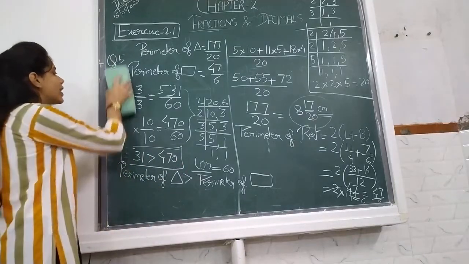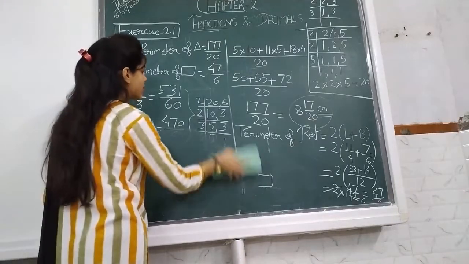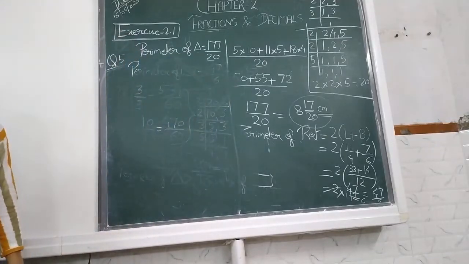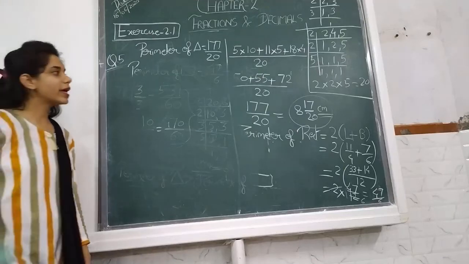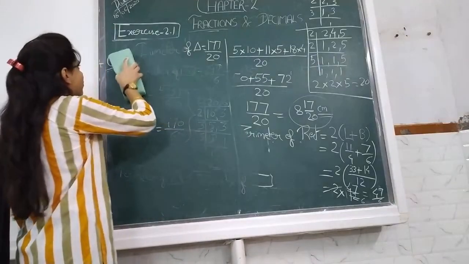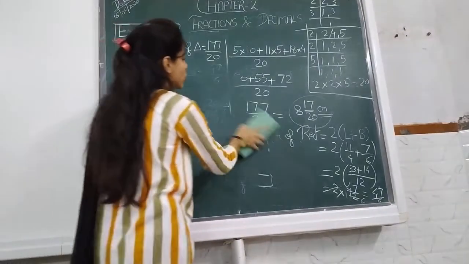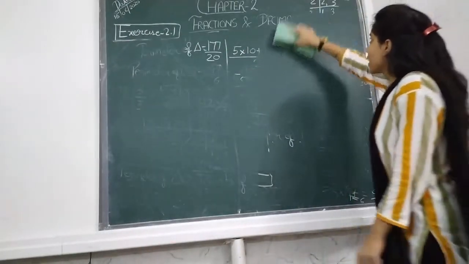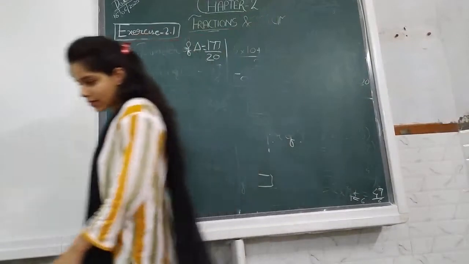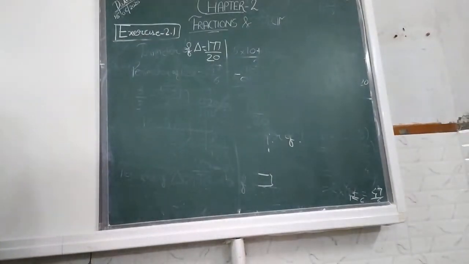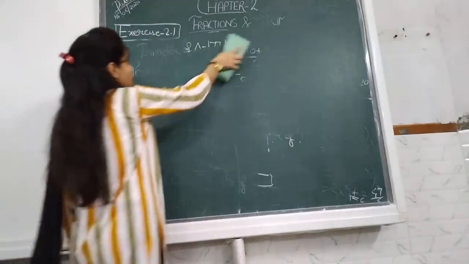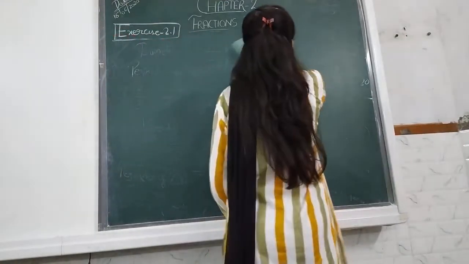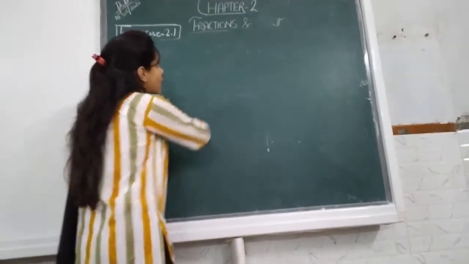Okay. Now next question. Question number 6 is, Salim wants to put a picture in a frame. Salim, one boy, wants to put a picture on a frame. And what is given in the question? Picture is 7 3/5 cm wide. There is one picture of him.